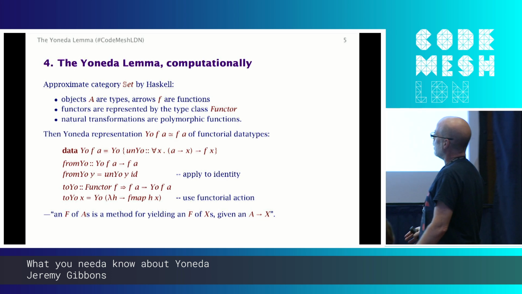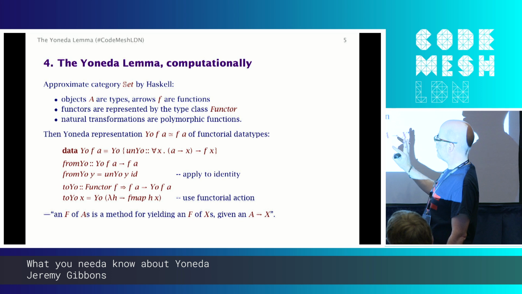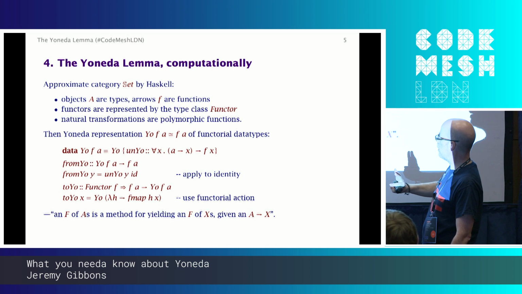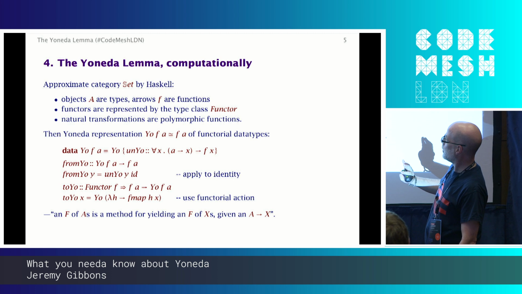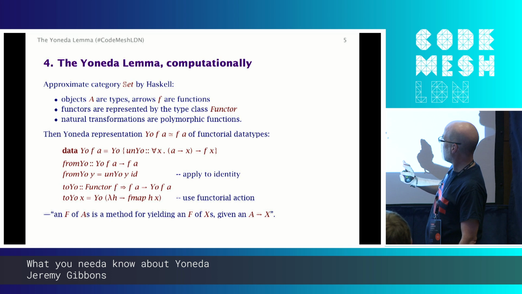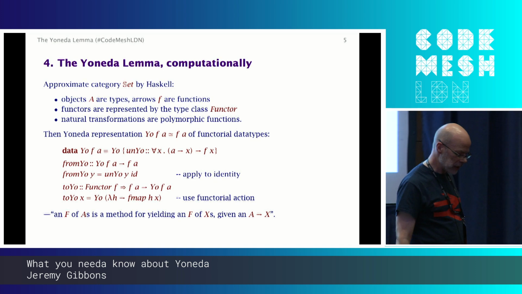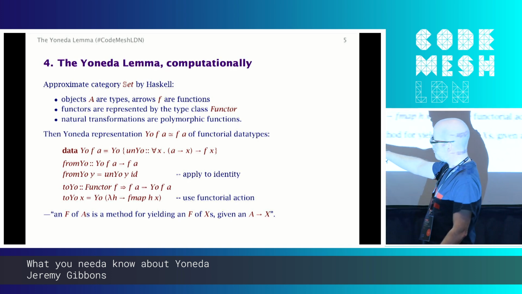Conversely, if you can make a collection of x's, let's see, which way around is this? If you can make a collection of x's given any function of type a to x, can you get back a collection of a's?